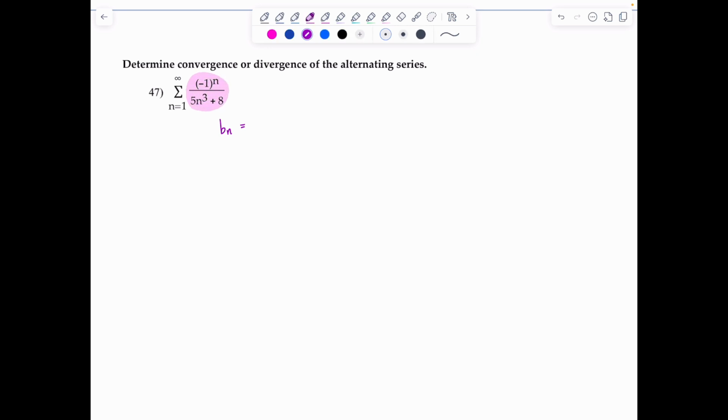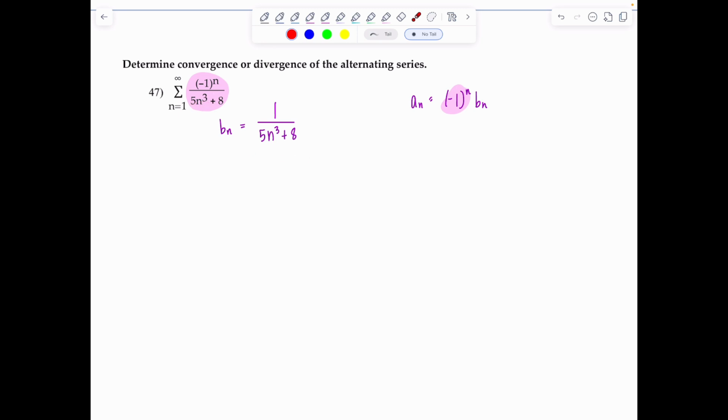So b sub n is going to be 1 over 5n cubed plus 8. So if you want to think about it this way, a sub n is your -1 to the n times b sub n. Although this is sometimes -1 to the n plus 1 or n minus 1. So just ignore the alternating part. The rest of it is b sub n.